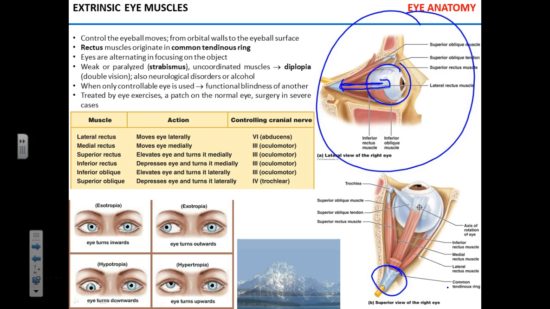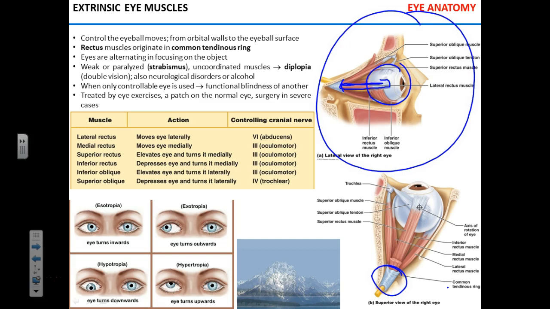Does that make sense? So if you shorten that rectus muscle, what's going to happen to the eyeball? Where is it going to move? It will move out. Does that make sense? If this is right eye, it will be to the right. If this is left, well, this is not left eye, but if we would see left eye, it would move to the left. Does that make sense to you?